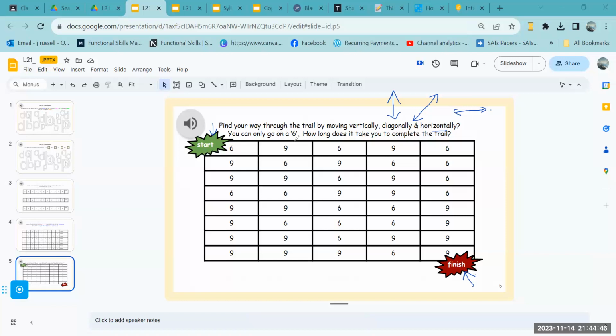You can only go on a 6, all right? So using these numbers as stepping stones, you've got to go from the start, which is a 6, to the end here. Of course, the finish is on a 9, but I want you to get as close to the finish line as you can using only the number 6s.